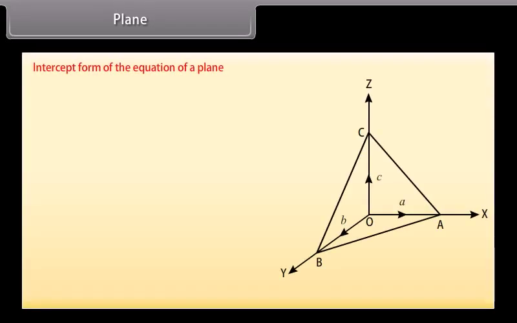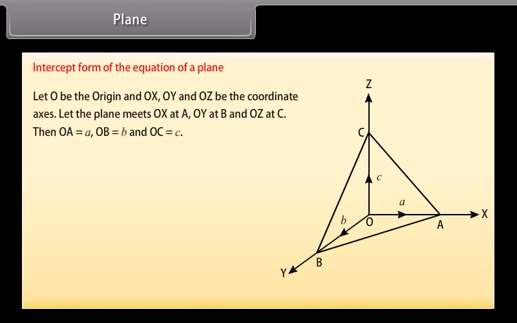Plane. Intercept form of the equation of a plane. Let O be the origin and OX, OY and OZ be the coordinate axes. Let the plane meet OX at A, OY at B and OZ at C. Then OA equals a, OB equals b and OC equals c.